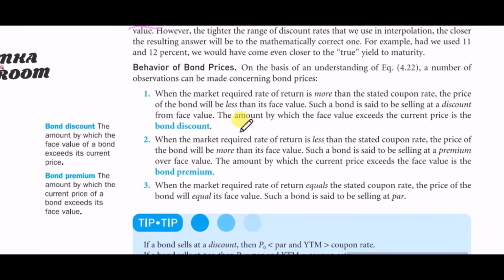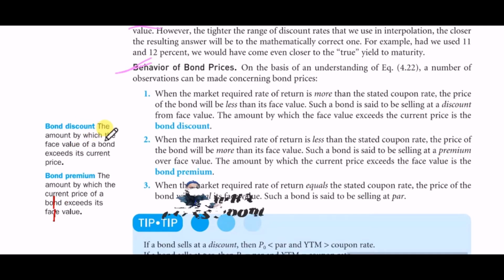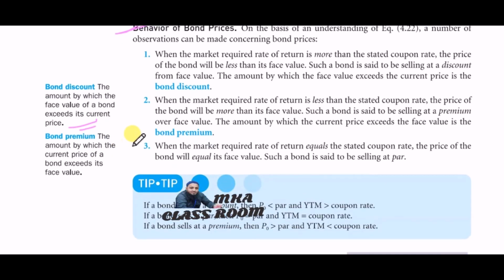Now we will see the behavior of bond prices. It may have a bond discount or bond premium. Bond discount is the amount by which the face value of a bond exceeds its current market price. Bond premium is the amount by which the current market price of a bond exceeds its face value.